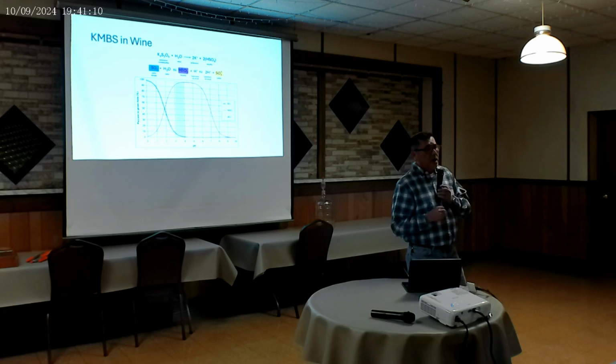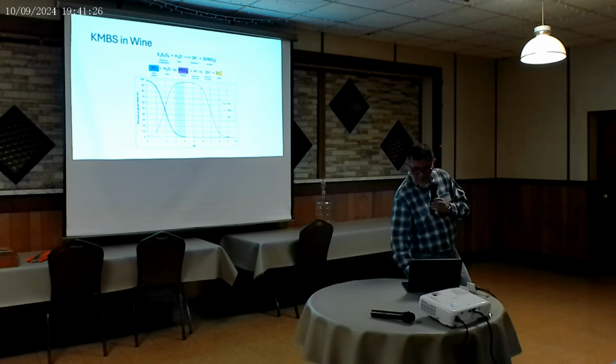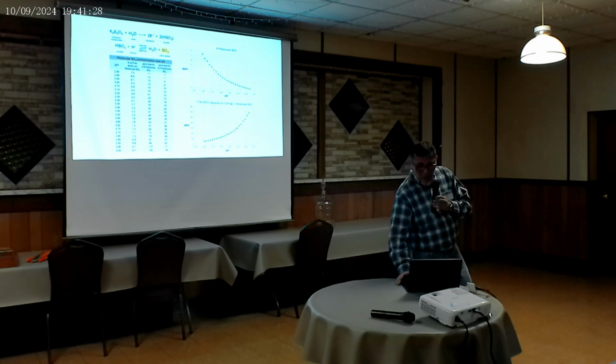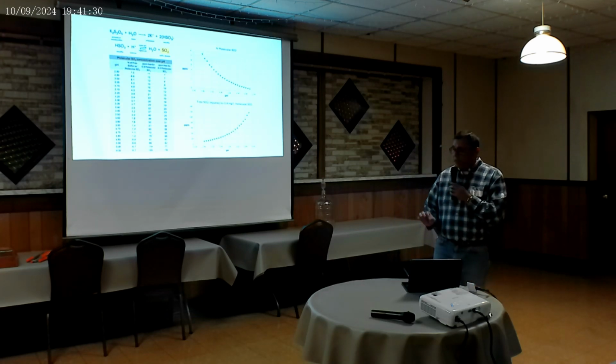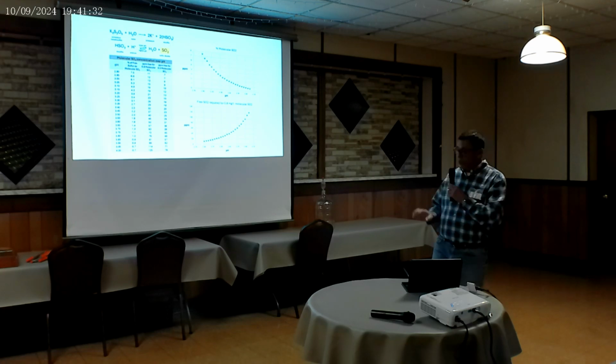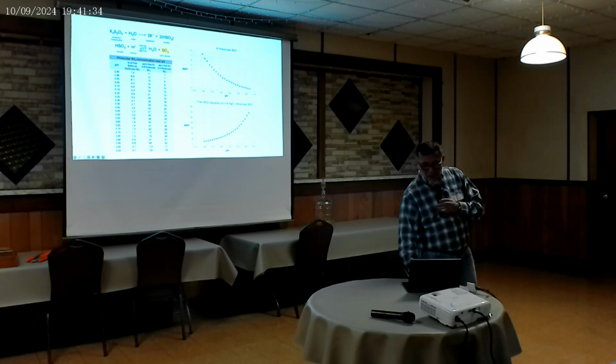That is certainly something that we will talk about. A lot of times when we talk about adding sulfur dioxide or potassium metabisulfite to wine, what we are looking at simultaneously is the pH of the wine, and that tells you where things are in terms of sulfites and sulfur dioxide.